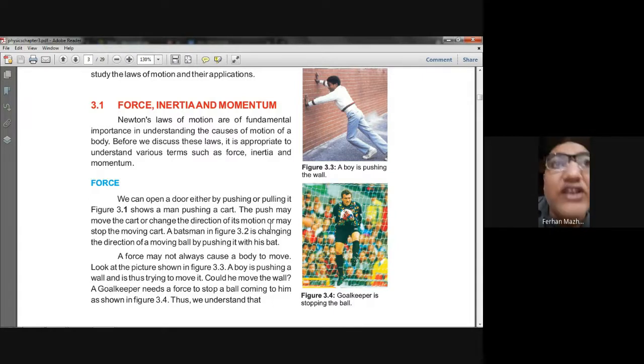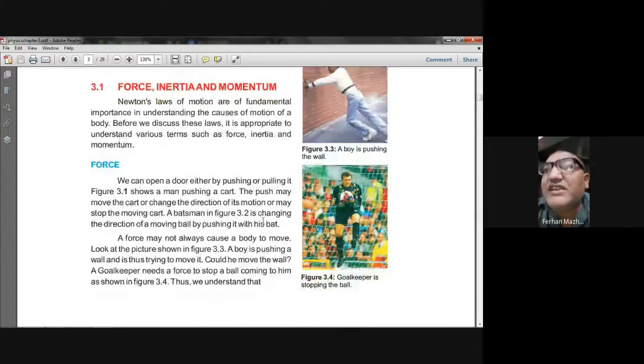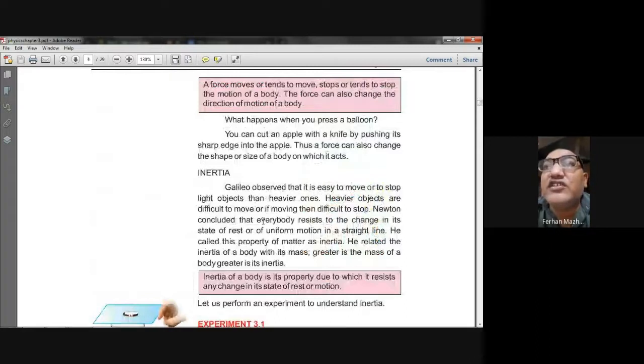So whenever you apply force, there will be a change in the state of motion of the body. The force is measured in Newton. Remember that the force is measured in Newton.